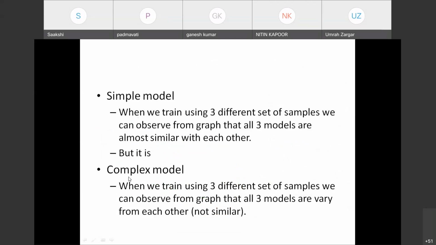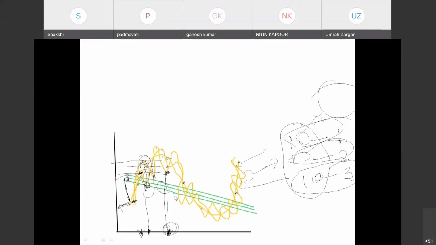Whereas in the complex model, when we train using three different sets of samples, we can observe from the figure or graph that all three models vary from each other. That means they are not similar, they are totally dissimilar. We have seen this: this one has the lowest value, this one gives the highest value, and this one gives the moderate value for the same data items.